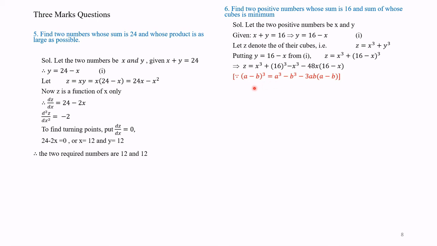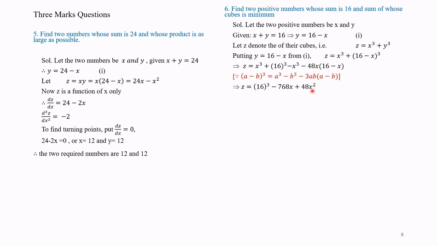Therefore, z is equal to, this x cube and this x cube, the first term and the third term on the right hand side get cancelled. Therefore, it is 16 cube minus 48 into 16, which is 768x, plus this minus into this minus is plus 48x squared.